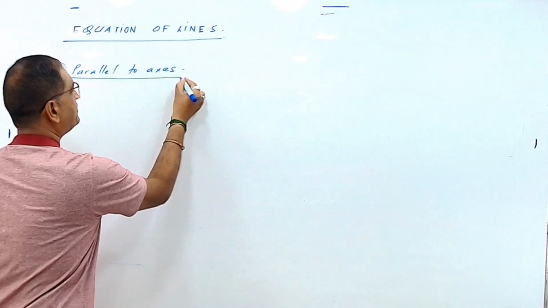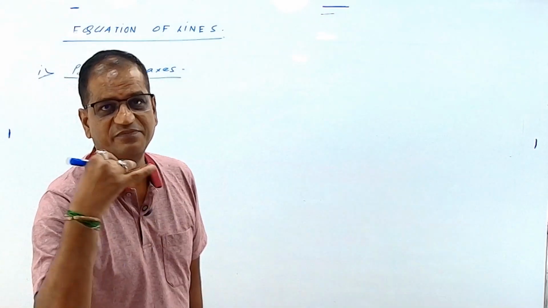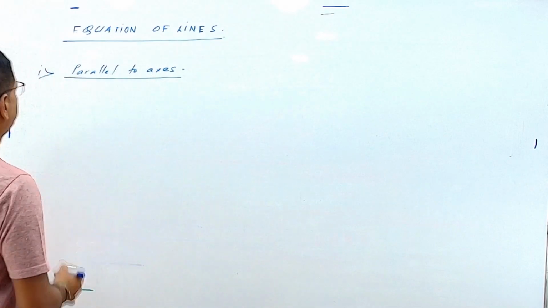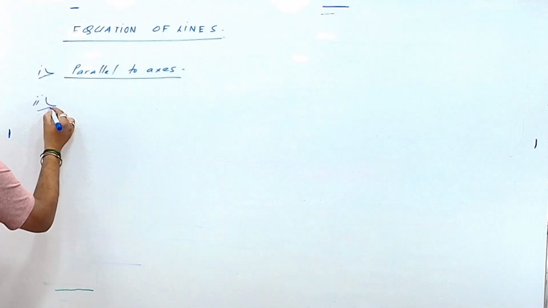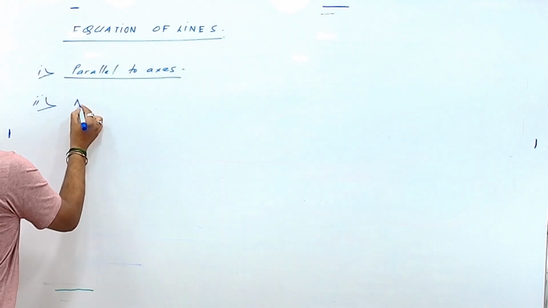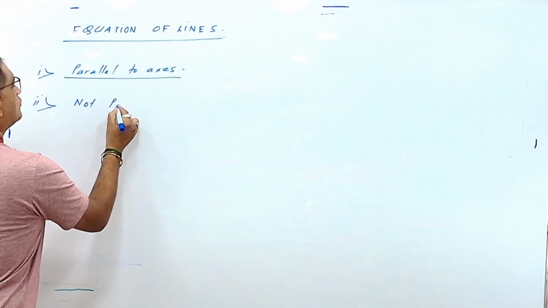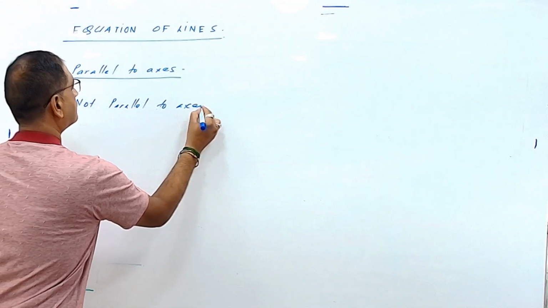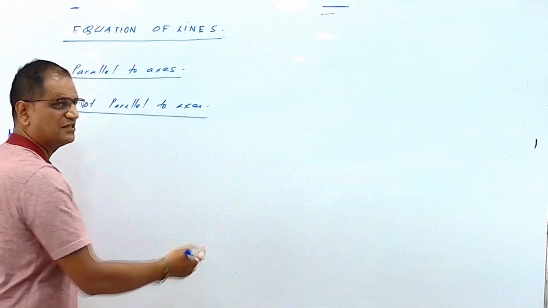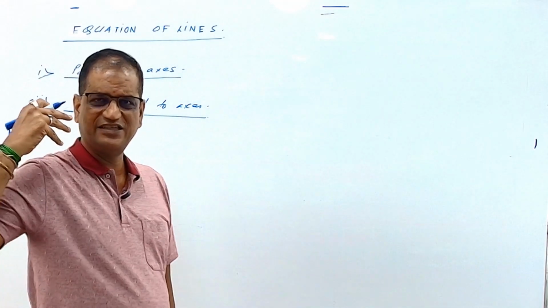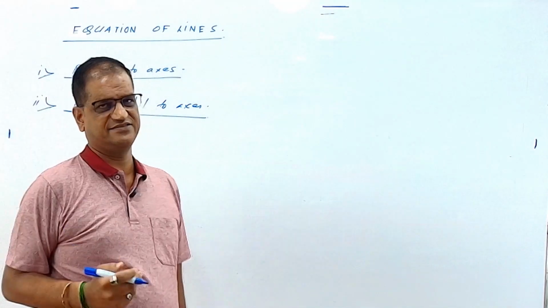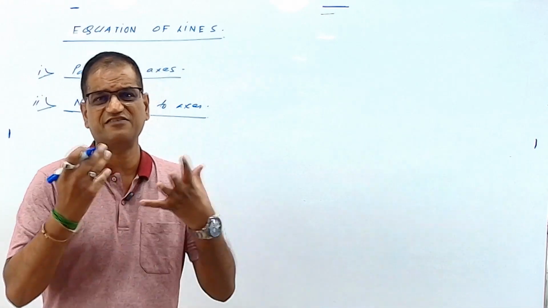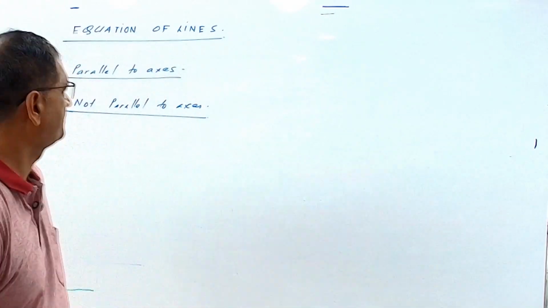Axis means it can be either x-axis or it can be y-axis. Second one, not parallel to axis. The lines which are not parallel to either x or y-axis. Now, let us see the first case, what happens.